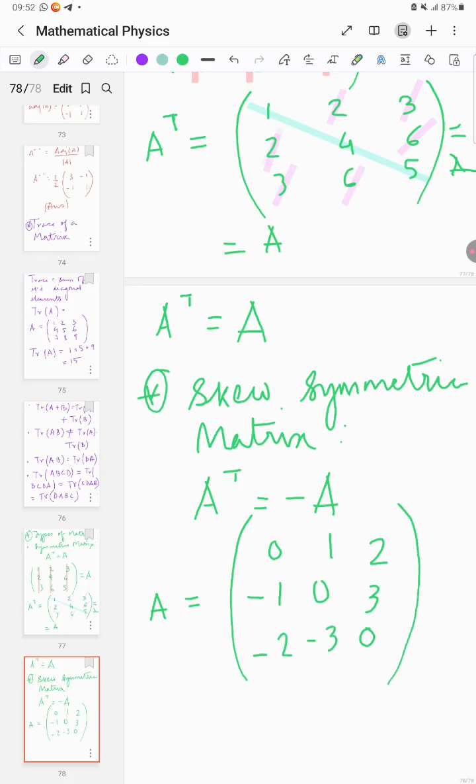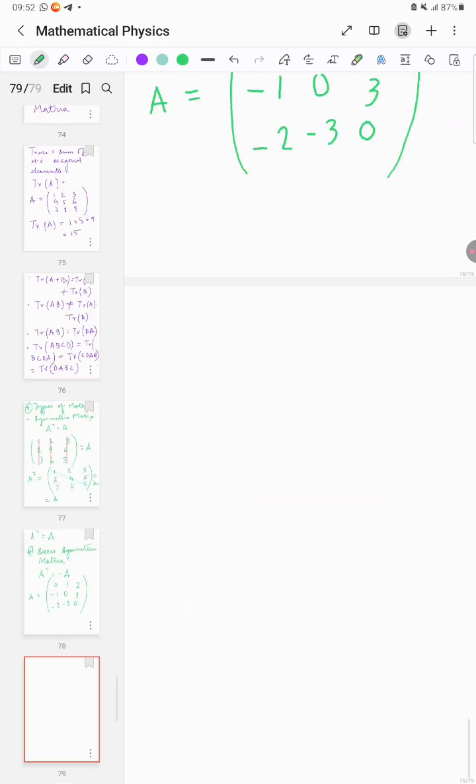Alright. Now A transpose will become nothing but changing the rows into columns and columns into rows. So this comes out to be 0, 1, 2, minus 1, 0, 3 and minus 2, minus 3, 0.